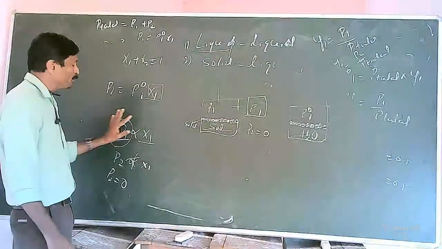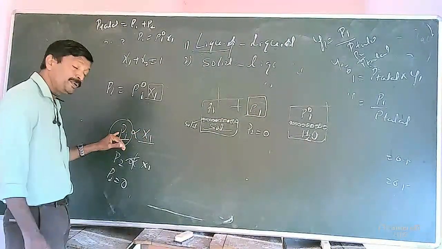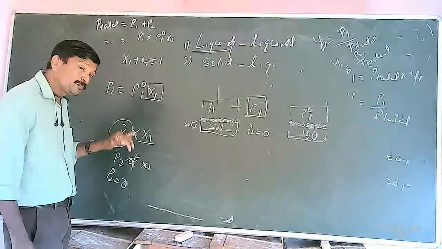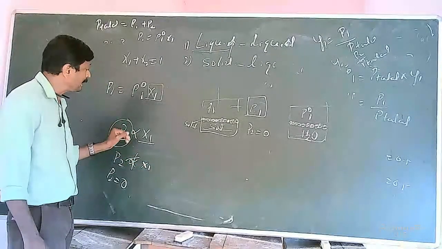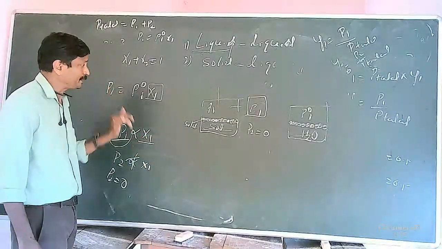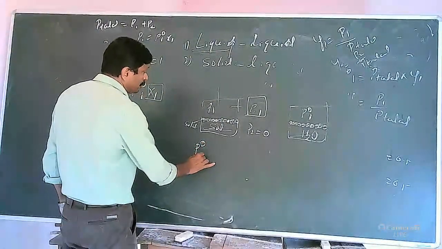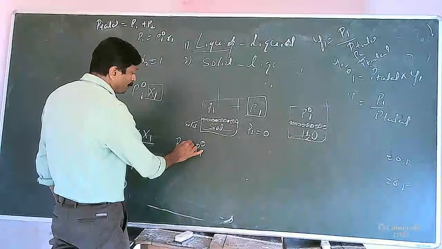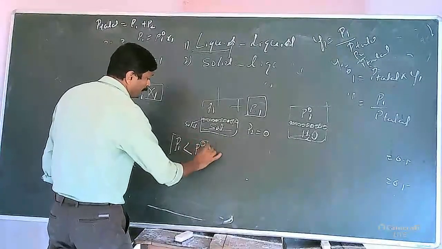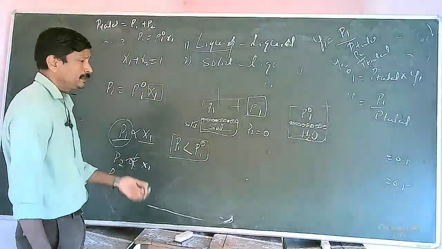Here P1 is proportional to X1. What is this P1? The vapor pressure of the volatile component is directly proportional to its mole fraction. What you have to remember is that P1 is always less than P01.